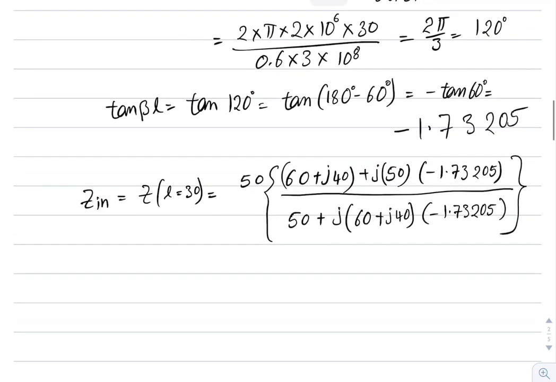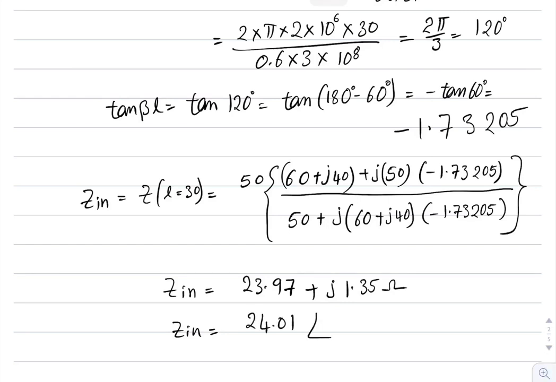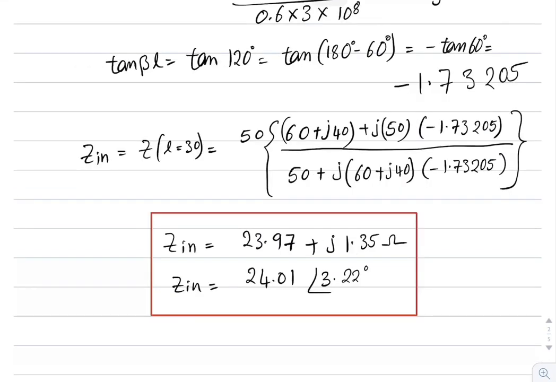Upon solving this equation, you will get input impedance of the transmission line as 23.97 plus j times 1.35 ohms. If you try to represent in polar form, then it is 24.01 angle 3.22 degrees. This is the way to solve the problem without using Smith chart.